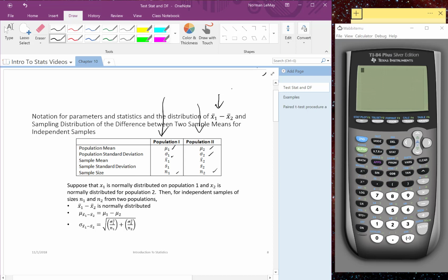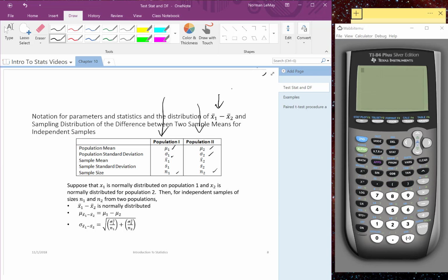The first bullet point here is that we have the difference of two normal random variables. It is beyond the scope of this course to go into the gory details, but the fact of the matter is x bar 1 minus x bar 2, under the normality assumption, is normally distributed.